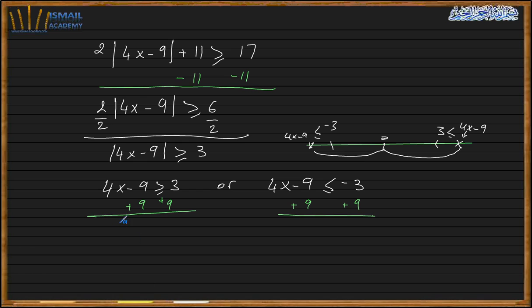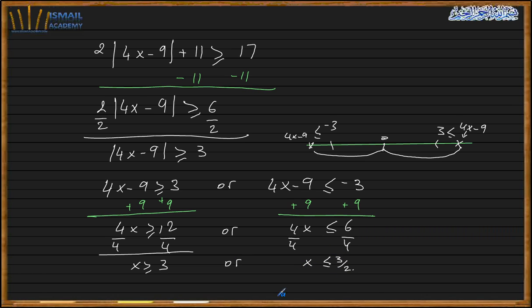Here I will get 4x is greater than 12, or 4x is less than 6. So divide by 4 both sides. x is greater than 3, or x is less than 3 halves.